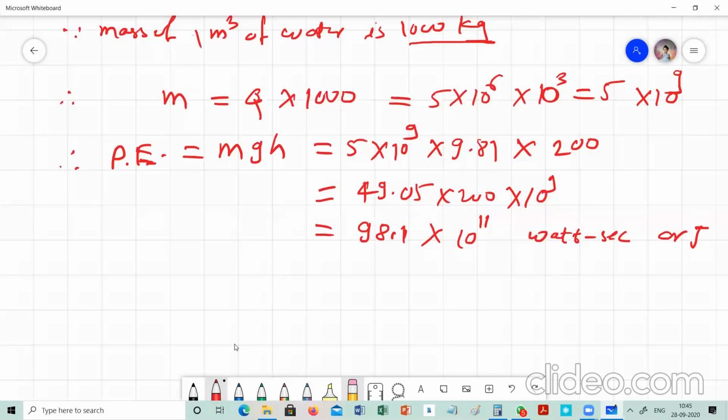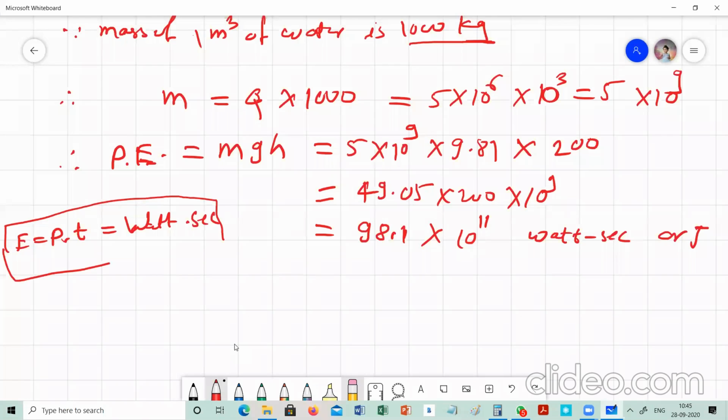Okay, we know that energy is equal to power into time. What is the unit of power? It is watt, and unit of time is second. So unit of energy is watt second, or it may be expressed in joules. So now we have potential energy, that is input energy.